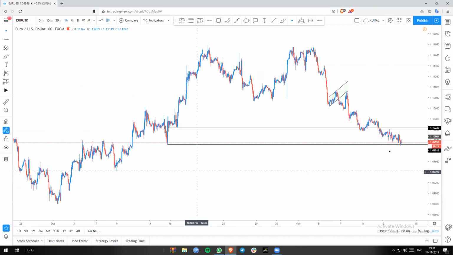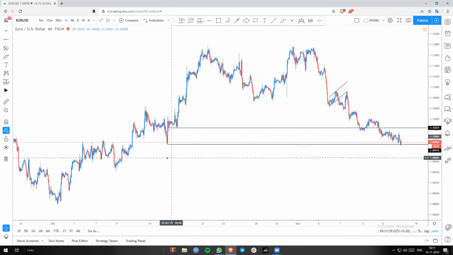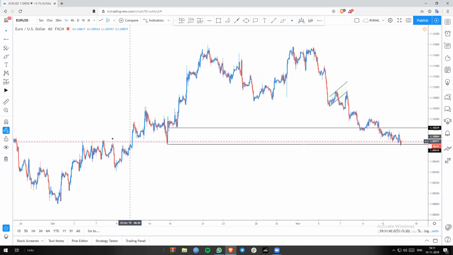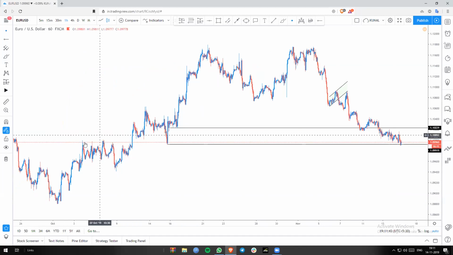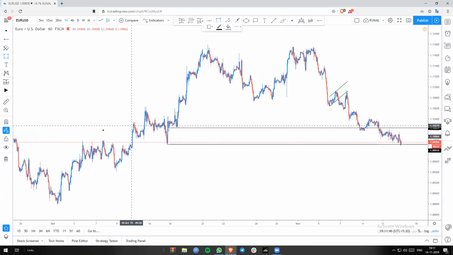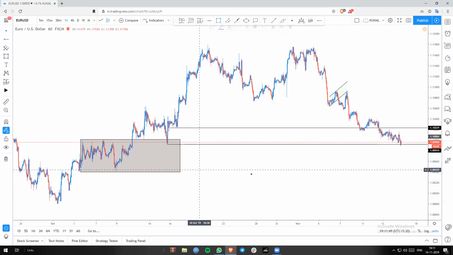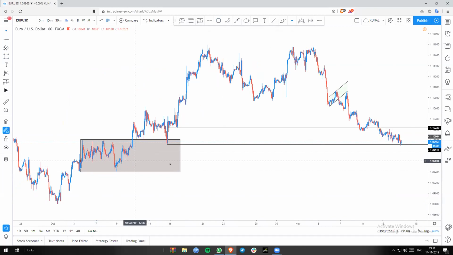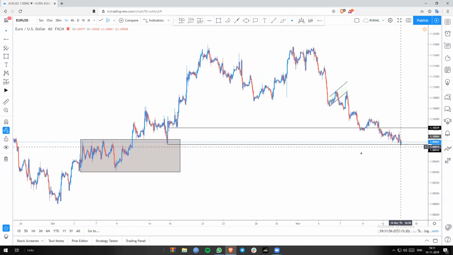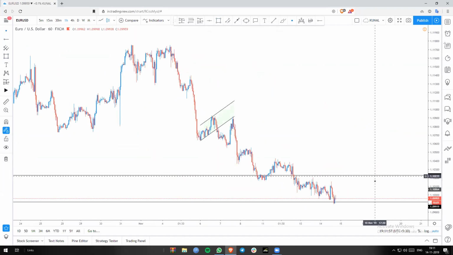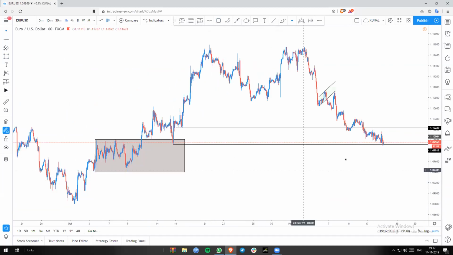But if we focus on the left, there is a lot of consolidation. This is the full range of consolidation, so I don't see much happening at these levels for a while. If we do break the level which we are holding right now, we have this full range to bounce still.